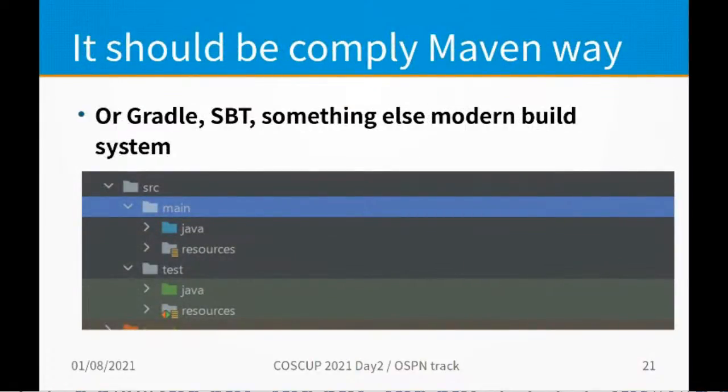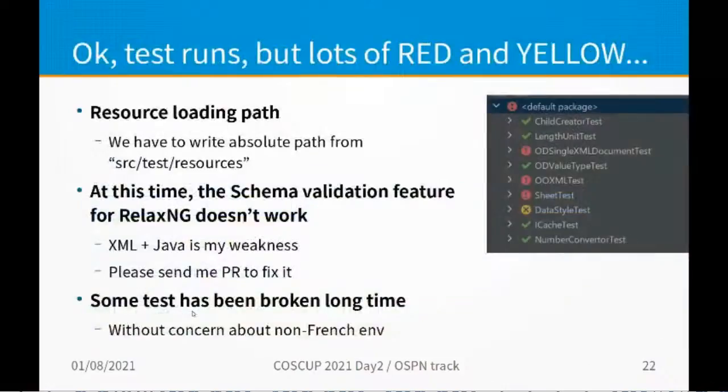This should be compiled the Maven way, or with Gradle or SBT, a modern build system, not Ant or something else. So we have src, with main and test, and main has java and resources. Test also has java and resources.